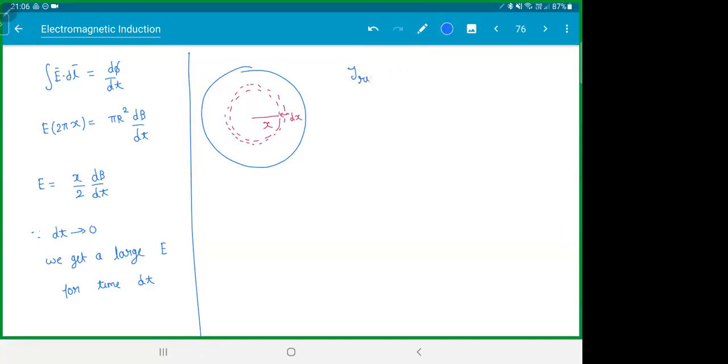So torque on each ring will be the distance x into the force, the tangential force on the ring. And what is the tangential force? The electric field into the charge of the ring. This is x. The electric field is x by 2 dB by dt.